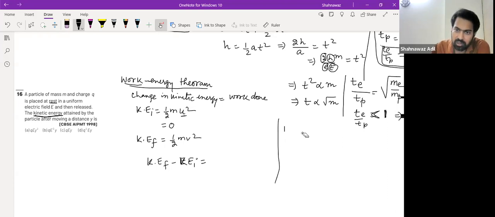So work done, you know that this is Fs. Right, guys? Yes, sir. So what is the force in our case? Force is the charge Q and electric field E. So force is how much? Right, guys? Yes, sir.